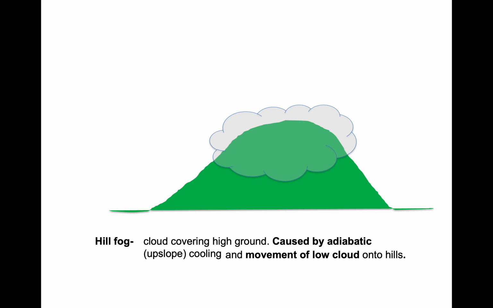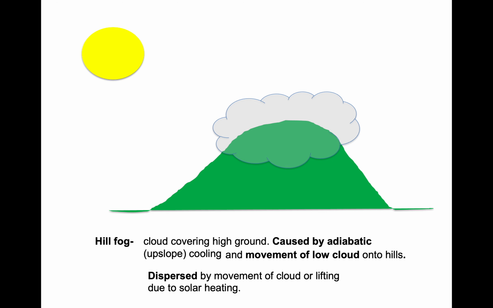It can also be caused by movement of low cloud onto the hills. As it descends, it covers a hill. It's dispersed by the movement of the cloud or lifting due to solar heating. So that air mass is going to move away from that hill, or that solar radiation is going to warm it up.